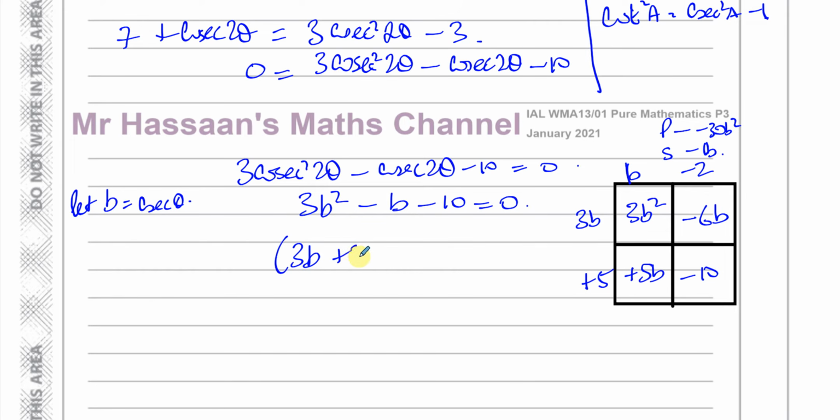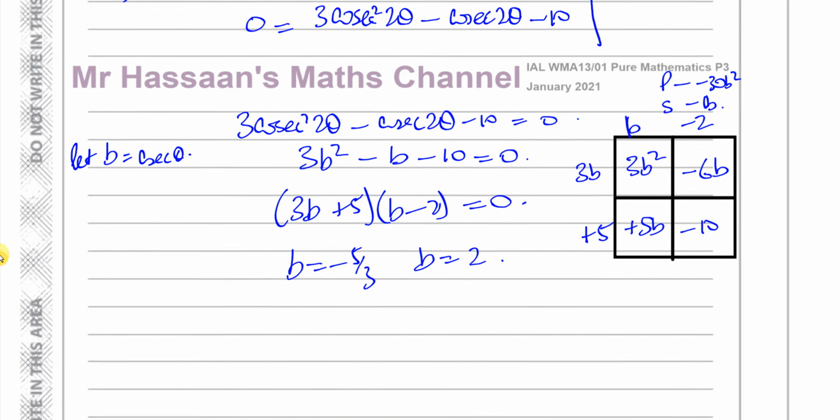So this is 3b plus 5 times b minus 2 equals 0. So I can say b is equal to minus 5 over 3, and b is equal to 2.